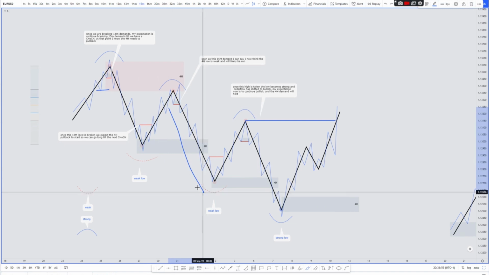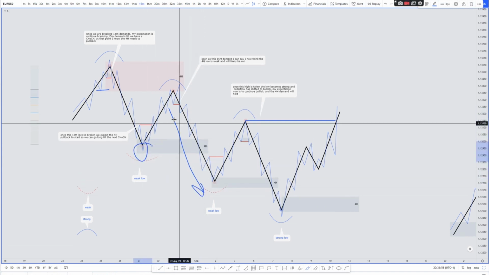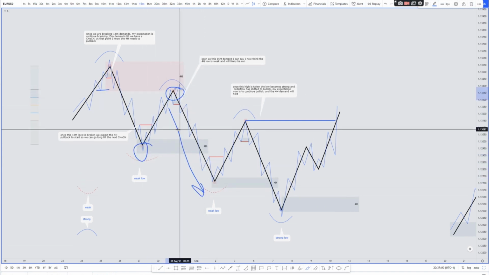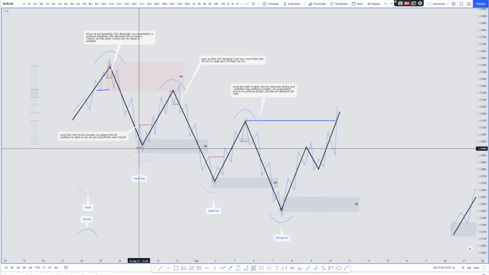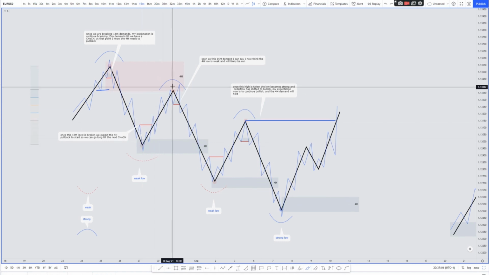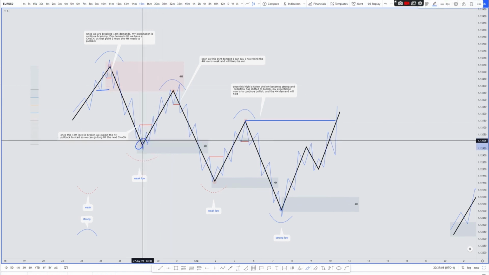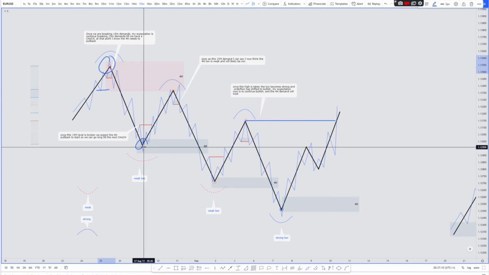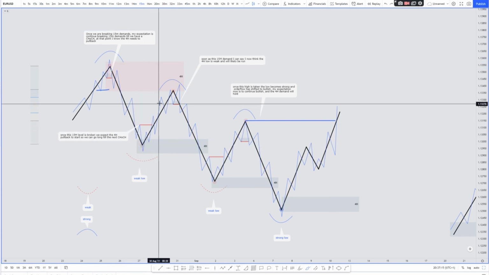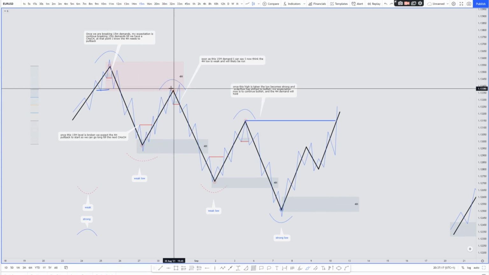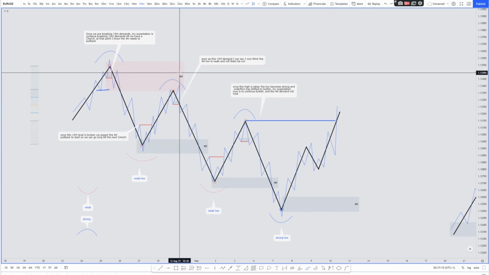At some point the impulse ends, this low goes, making this a strong high because it took out its low. So the job of a high is to run the low. The job of a low is to run the high. If this low fails to run this high, it's weak and will be run. And this is the battle between supply and demand. So clearly supply is in control.